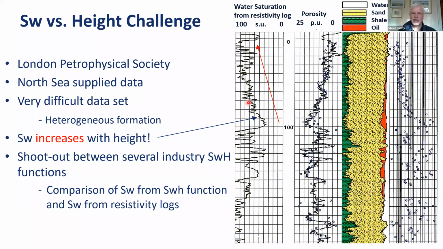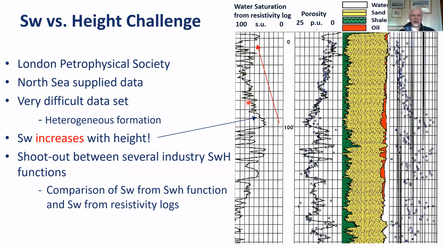So to do this comparison, we're using the resistivity log as being correct, and we can see which function can give the best match to this, whether it's a Leverett J function or the Skelton function, or in this case, the BVW function. And this is shown on the next slide.